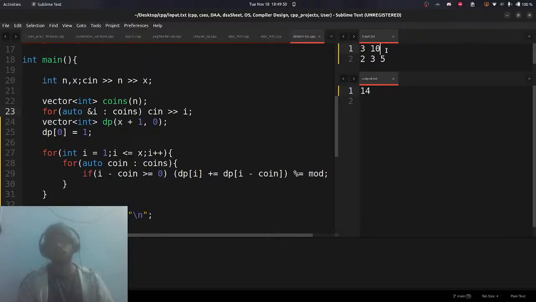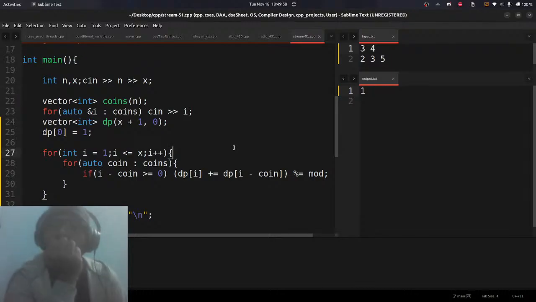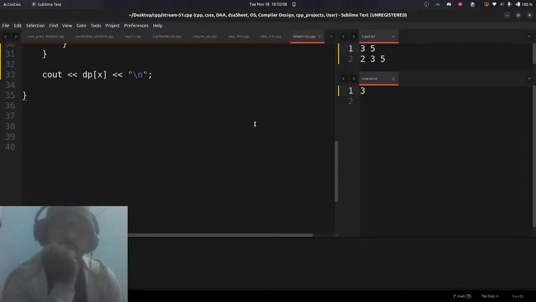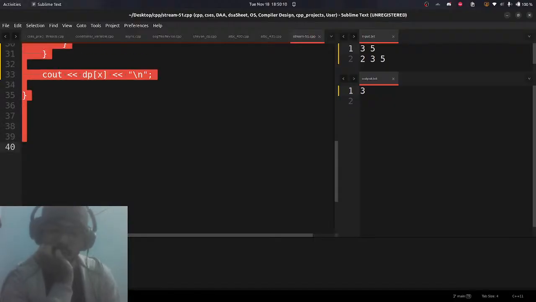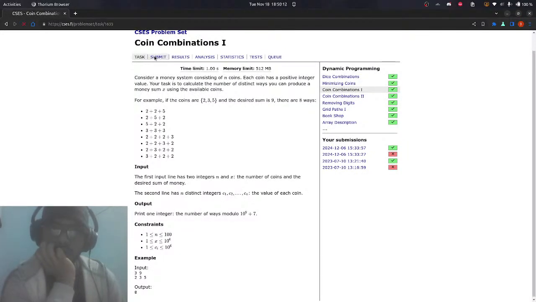What if the desired sum is 4? What if the desired sum is 5? There should be 3 ways. Yep, working. Let's submit and see.